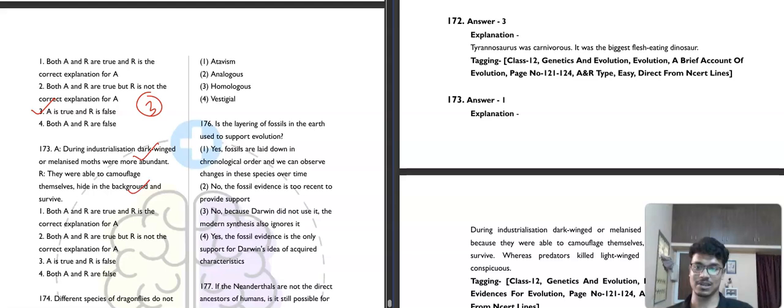So both are correct, and reason is the correct explanation of assertion, because during industrialization what happened, there was smog and soot, all covered in the plants and all the houses, all these things. So those who have melanized moths, they are able to camouflage themselves. So that's why first option will be the correct answer. So they can camouflage, so they can also hide for survival.